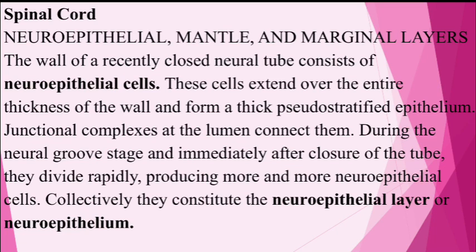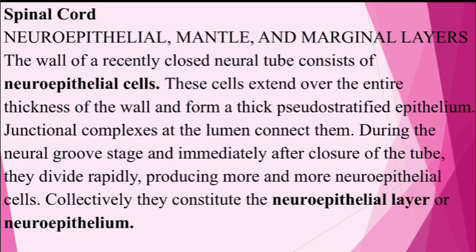You have junctional complexes at the lumen which connect the cells. During the formation of the neural tube, you have the neural plates. As it folds, as you have the neural folds by the side, you have a neural groove formed there.